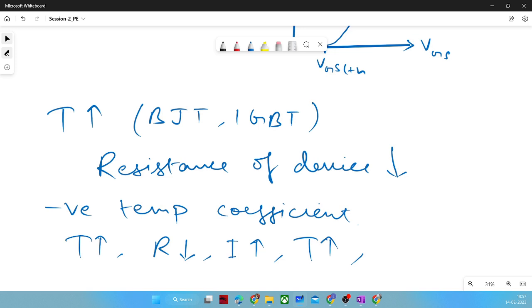In one BJT, if higher current is flowing, in another BJT lower current will flow, and the BJT which was carrying higher current, its current will increase, and its temperature will increase. So that was the drawback of minority carrier devices.